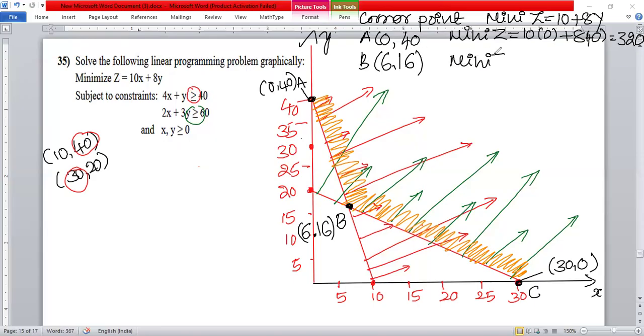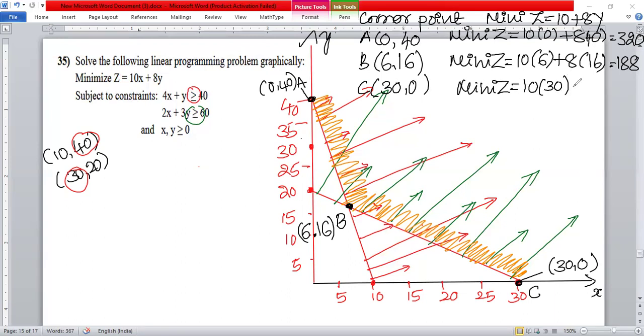Minimize Z is equal to 10 into 6 plus 8 into 16. You got 188. Okay, C corner point 30, 0. Minimize Z is equal to 10 into 30 plus 8 into 0 is equal to 300.